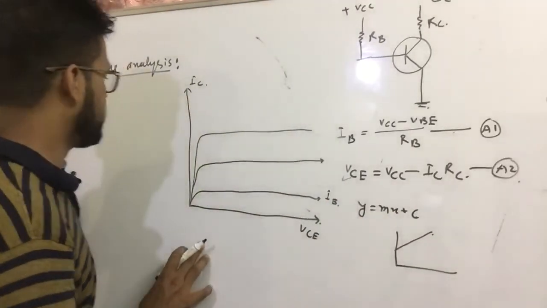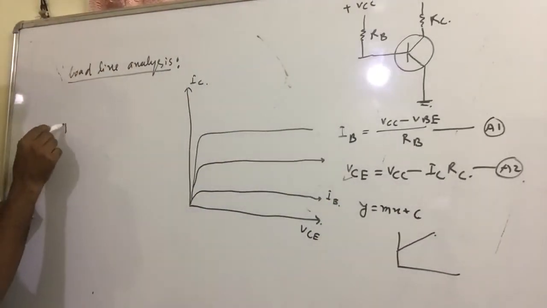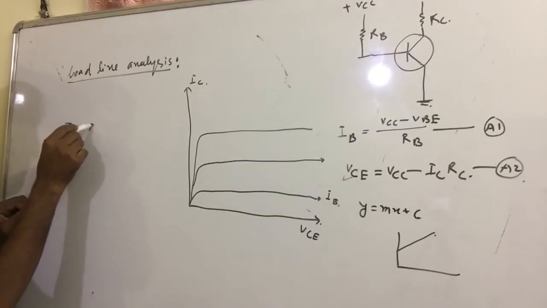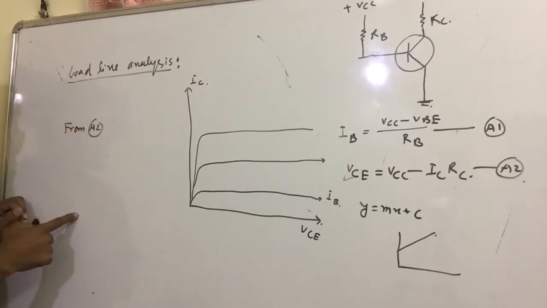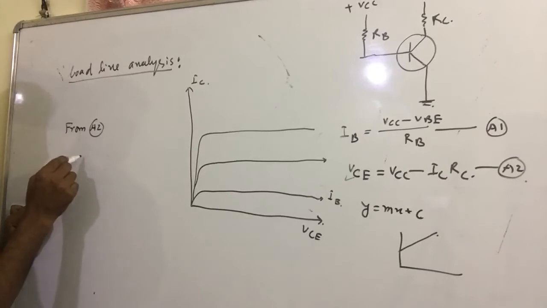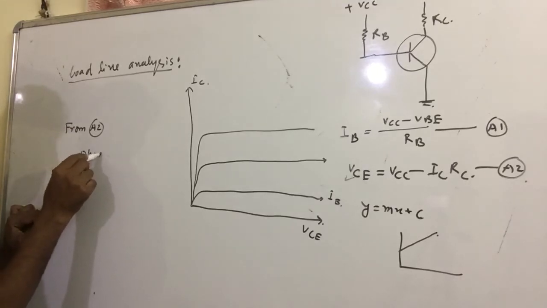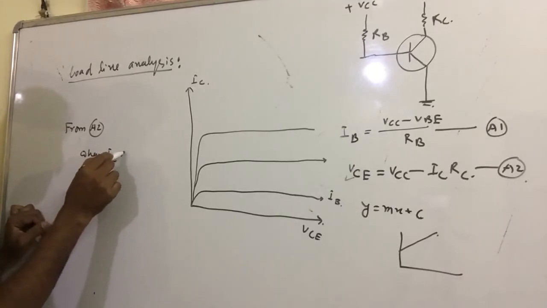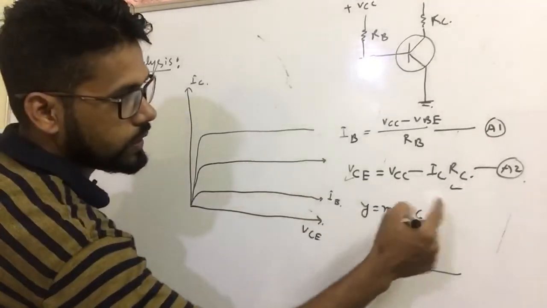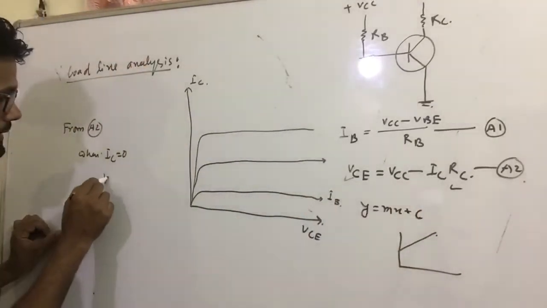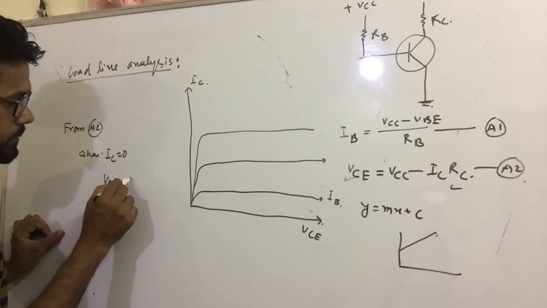Now, from this equation, from equation A, if we see when IC is 0, so VCE equals VCC.